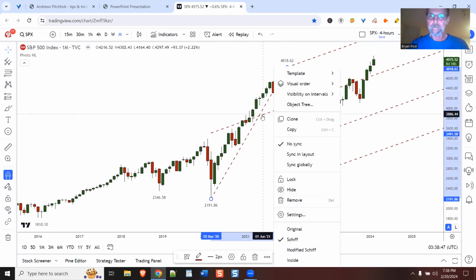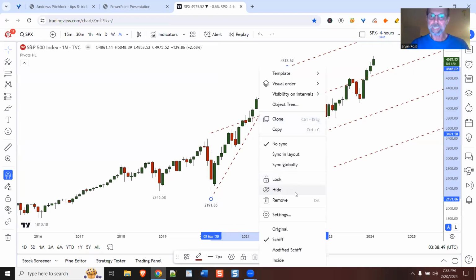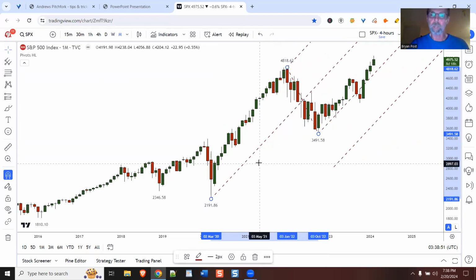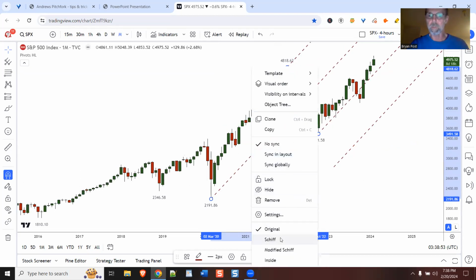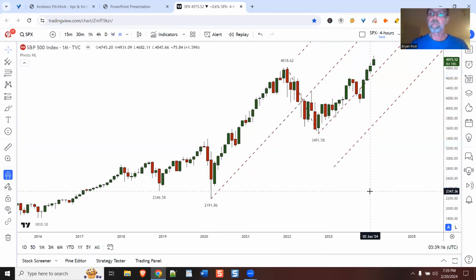Let me change this to the standard Andrews pitchfork, which in TradingView they call original. So this is the original Andrews pitchfork that Dr. Andrews developed. Schiff was his student, as I said in the last video, and then the modified Schiff was Dr. Andrews' suggested modification to Schiff's Pitchfork.